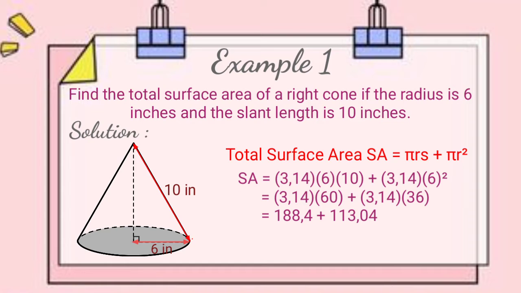Then we get 3.14 times 60 plus 3.14 times 36 equals 188.4 plus 113.04. Therefore, the total surface area of the cone is 301.44 square inch.